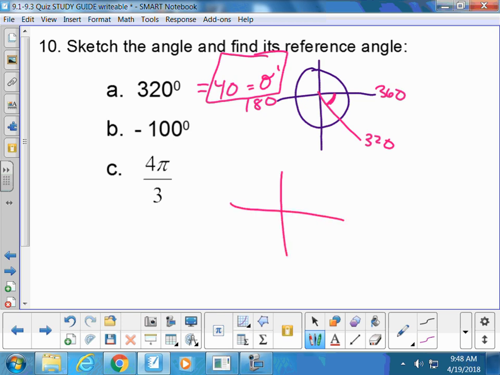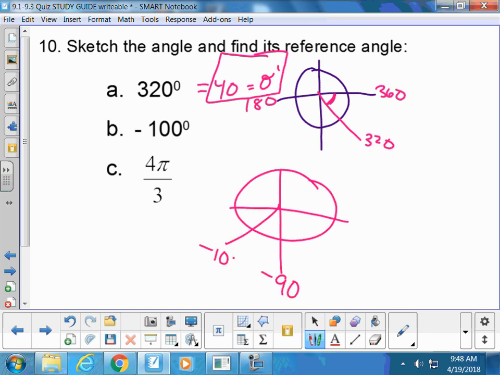All right, let me do a sketch on where negative 100 would live. Negative 100, I would spin this direction 100 degrees. It'd be past 90, yeah. Sorry. Gotta turn my brain on this morning. This would be negative 90, so negative 100 would live somewhere over here. Now, honestly, I would probably just figure out what that positive angle is.